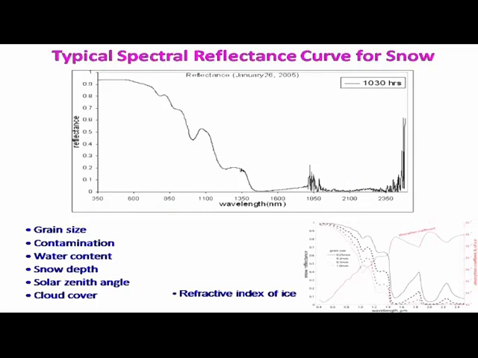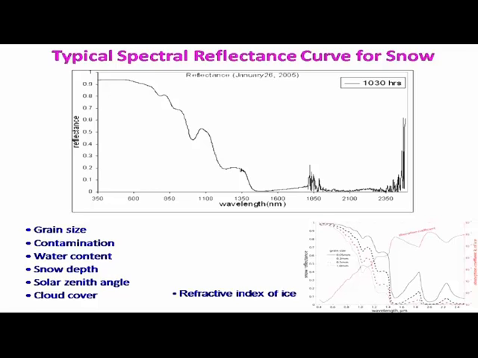So you can see the reflectance is very high in the visible region, and then it descends in the NIR region, and in the SWIR region it's almost flat, very less, around 10 to 15%.